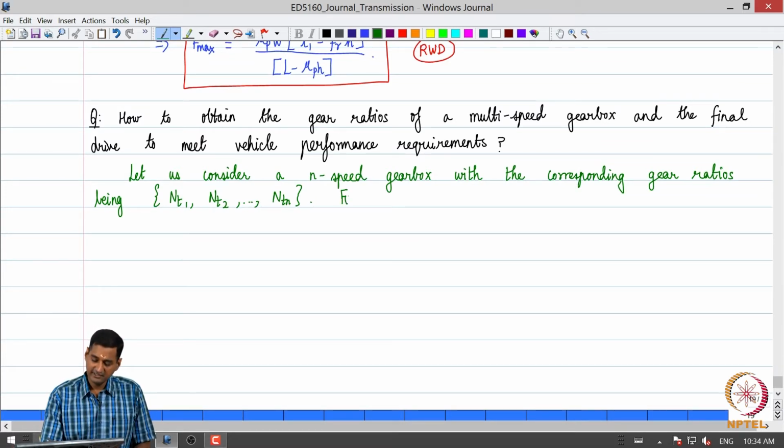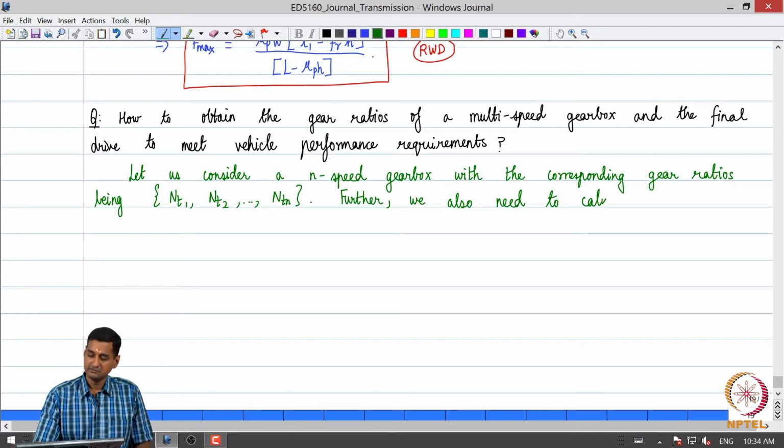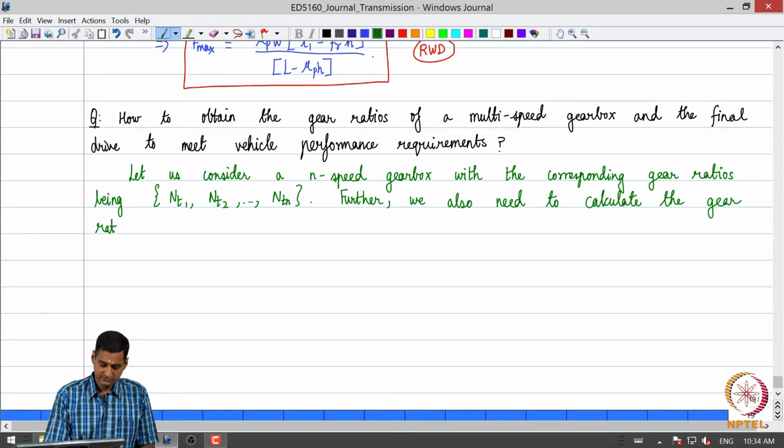Further, we also need to calculate the gear ratio of the final drive, which is denoted by ND.